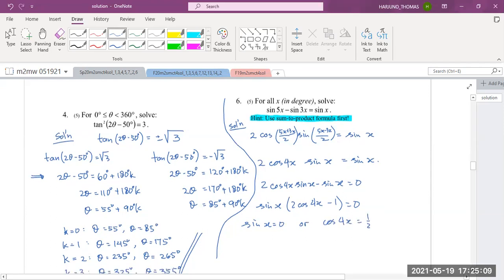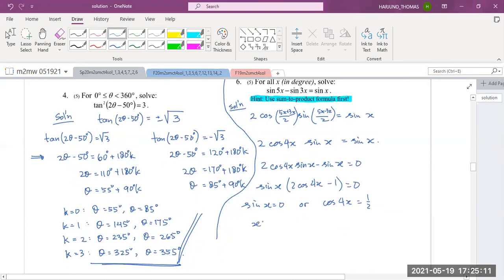Now sine x equals 0 when x is, in degrees, 180 degrees K: 0, 180, 360, and so on. Now cosine 4x equals 1/2 means 4x is 60 degrees plus 360 degrees K, or cosine is also 1/2 when the angle is 300 degrees.